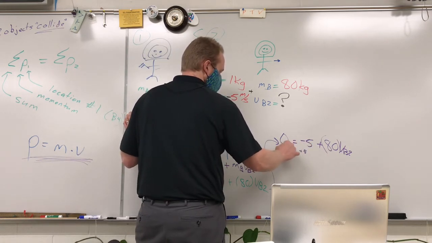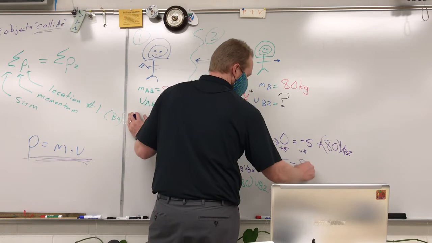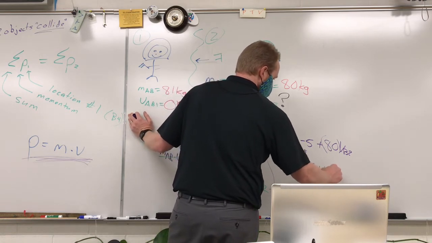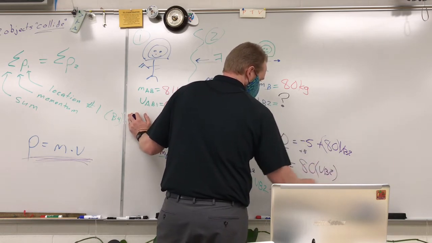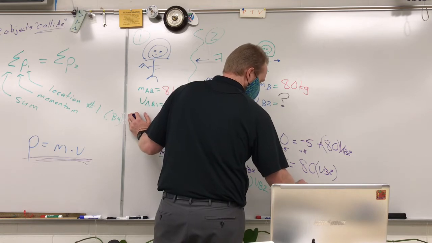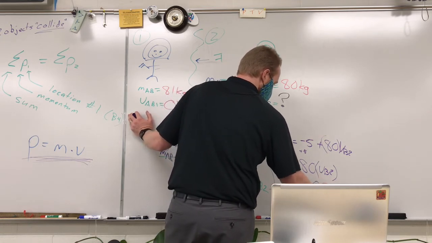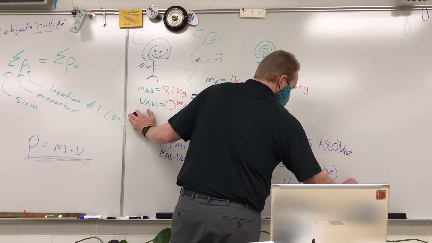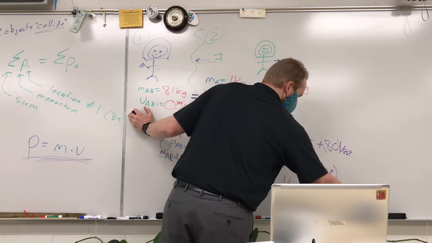Add 5 to both sides: 5 is equal to 80 VB2. Divide both sides by 80. VB2 is 0.0625 meters per second.